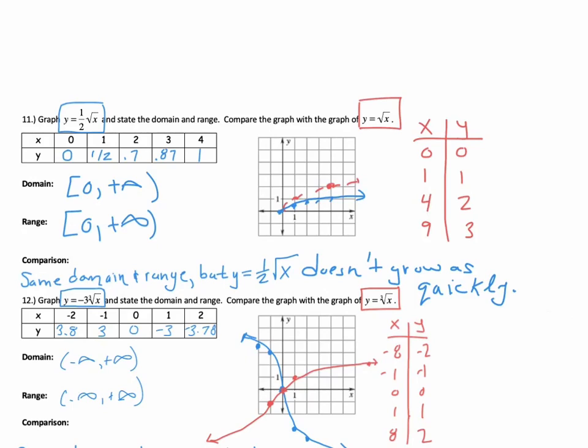And you may have noticed that for this particular picture, when I visually compare the blue graph to the red graph, what I see is I have the same domain and range, but y equals 1/2 the square root of x doesn't quite grow as quickly. That factor of 1/2 causes me to level off the growth.